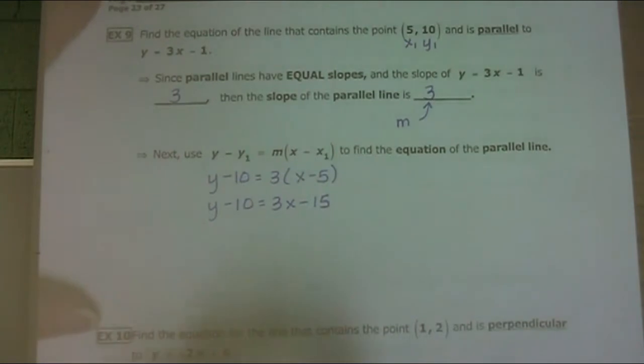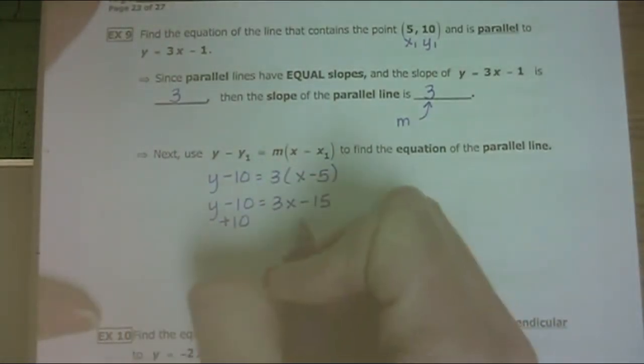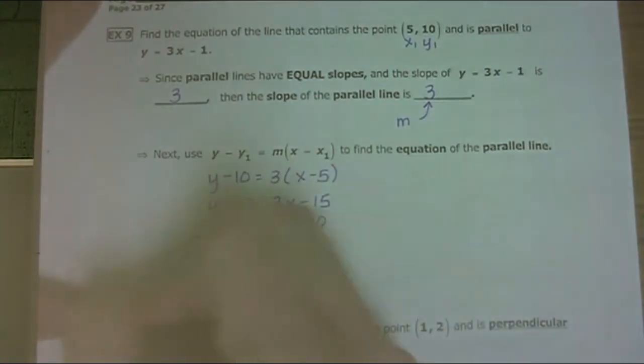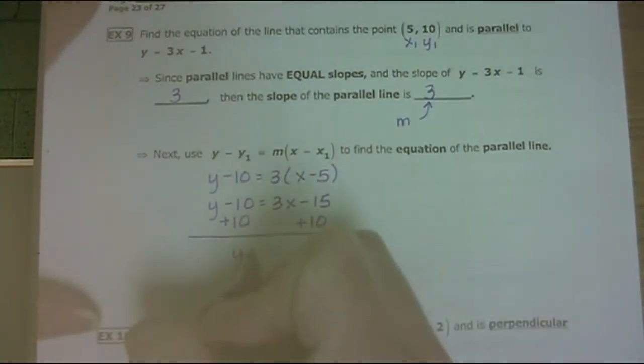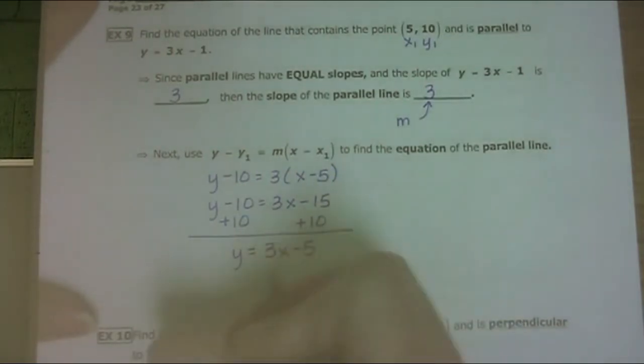I want to get all my constants on one side, so I'm going to add 10 to both sides. And I have y equals 3x minus 5. Now, to have this in standard form, I want to move my 3x to the other side, so subtract 3x on both sides.